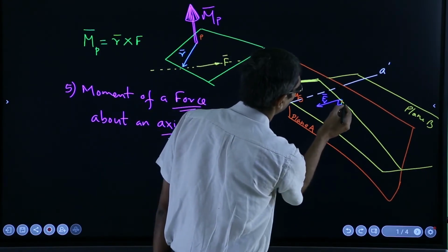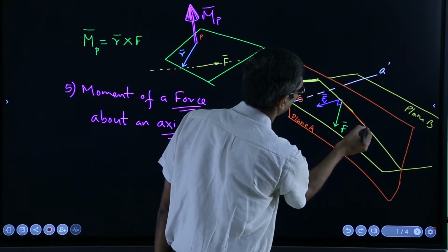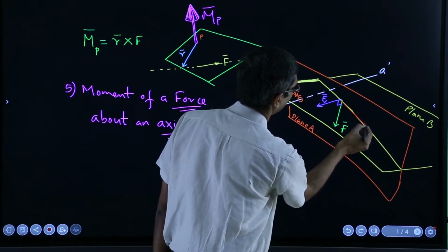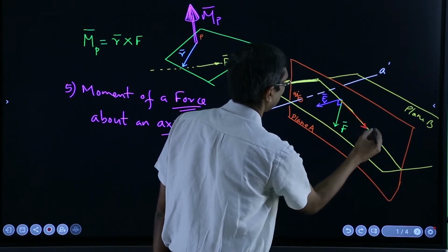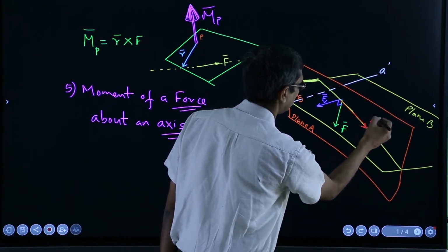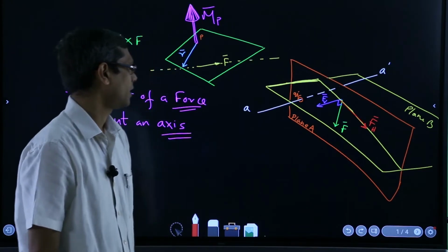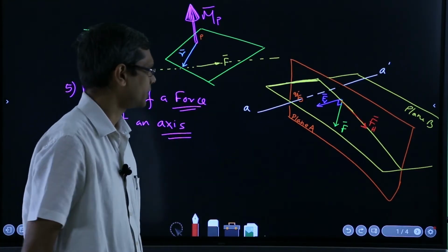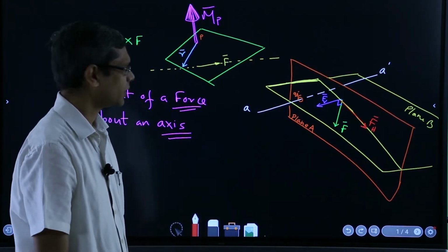At this point I can just show like that. Okay. So, this I will denote as F horizontal. Just randomly I am denoting. Okay.